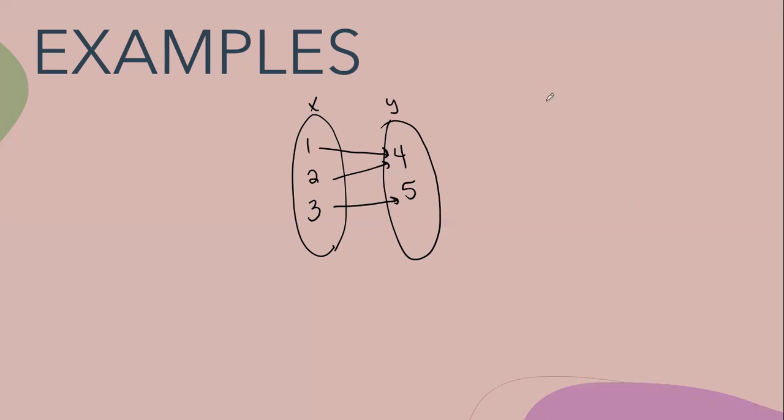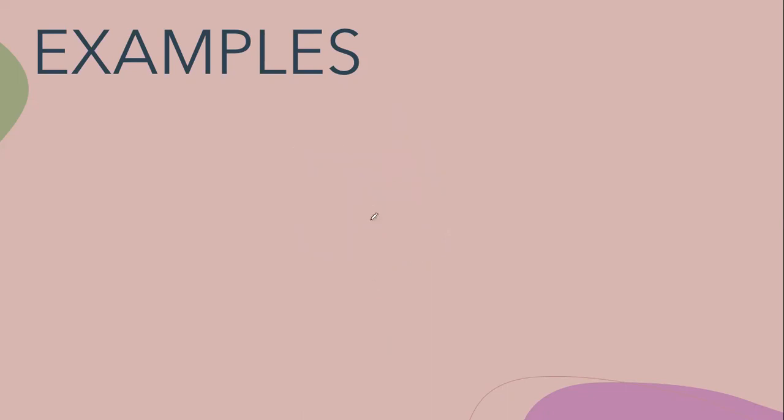All right. So this is a function because every x only has one y. There's only one line going out of every x. What if I do this? Is it a function? No, right? Because 3 would be going to 2 y values. Okay, let's try another one.